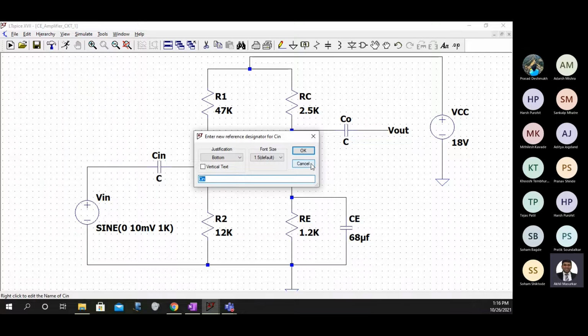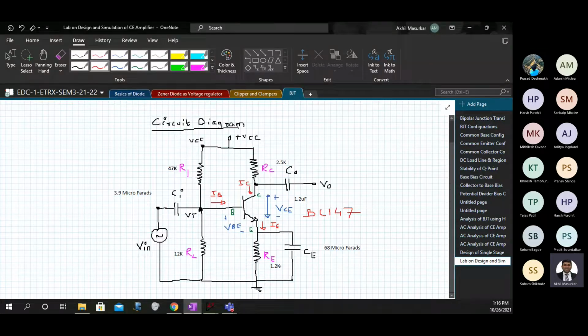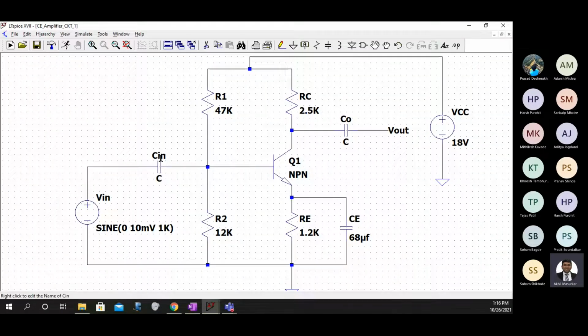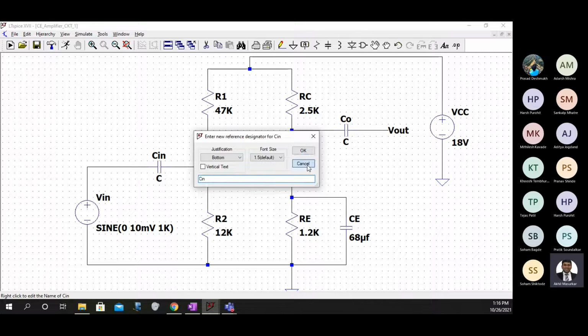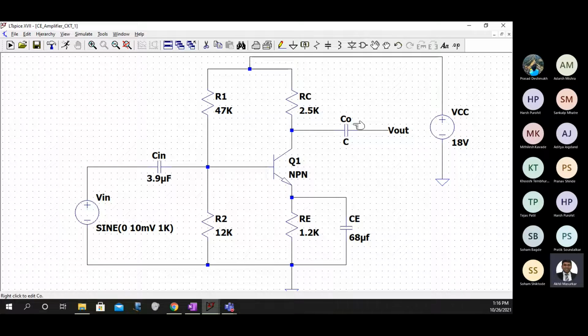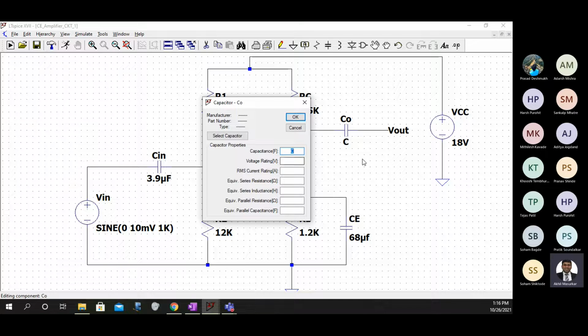C in, I think, was, how much was C in? C in was 3.9 microfarads. And C0 was 1.2.